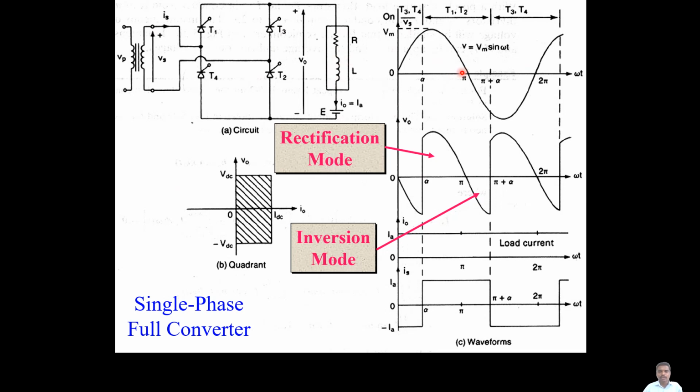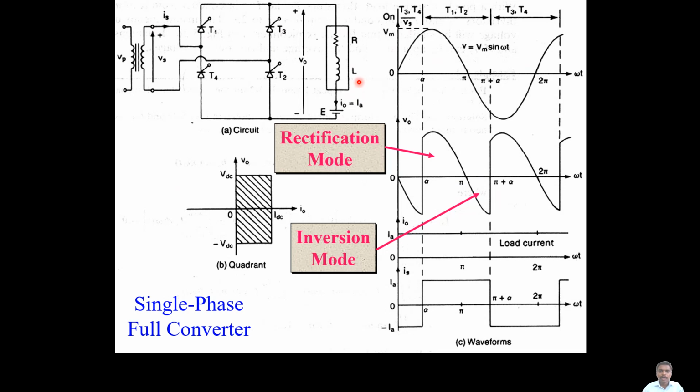Due to the presence of inductor charge, these two devices will not get commutated and will keep conducting over a period of pi to pi plus alpha. This period we call the discharging period of the inductor, and during this period the inductor will get fully discharged and reach 0. After that T1 and T2 will get commutated naturally. Next we give the firing pulse to T3 and T4. The same will be repeated for the consecutive cycles.